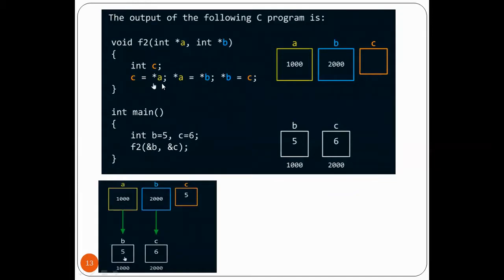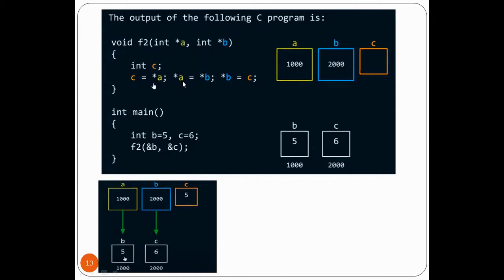So what we have here in pointer a, we have address 1000. *a means that it will access the value of this address. So when it goes to 1000, which, if you see this picture, 1000 is this address, it will access the value inside this address, right? So the value of this address is 5. So it will put 5 in c. Okay, so in c we will have 5.